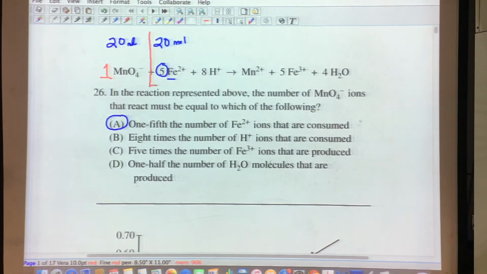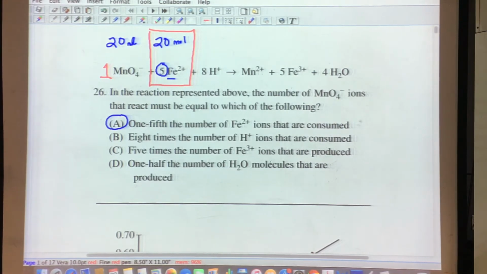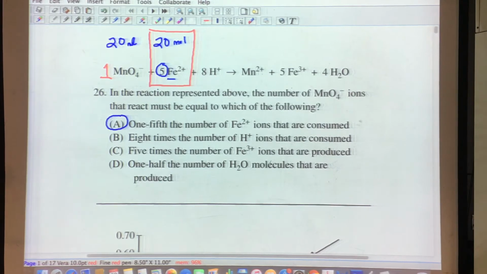This is going to represent what? All of it, right? So that's 5. So if this is the 5, then I need only what? 1/5 of that. So 1/5 of 20 would be 4. So you would use only 4, and we would use all 20 of these, and this would be minus 20, and this would be minus 4, and we can clearly go fast and say, okay, in this example, iron plus 3 is the limiting reagent, okay, because of the 1/5 as much.